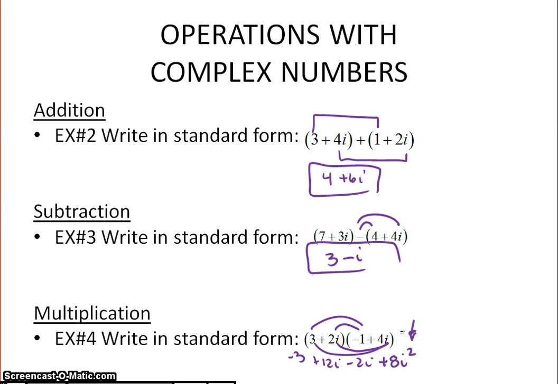And this i squared is exactly why I brought up the cycles of i. i squared, remember, is minus 1. So we have minus 3 and 8 times minus 1, which gives us minus 11. And then 12i minus 2i is plus 10i. And that is how you multiply complex numbers.